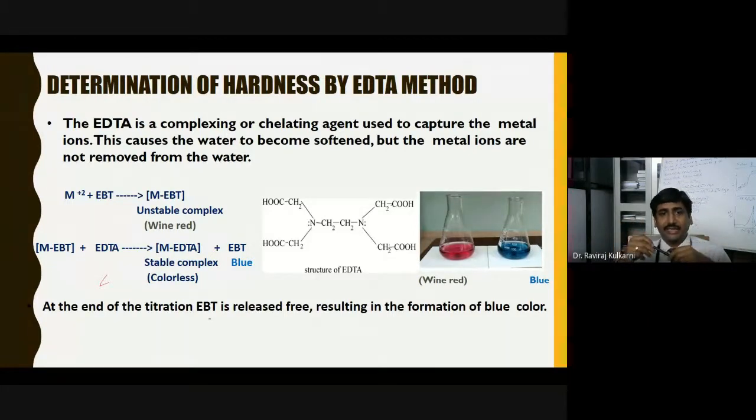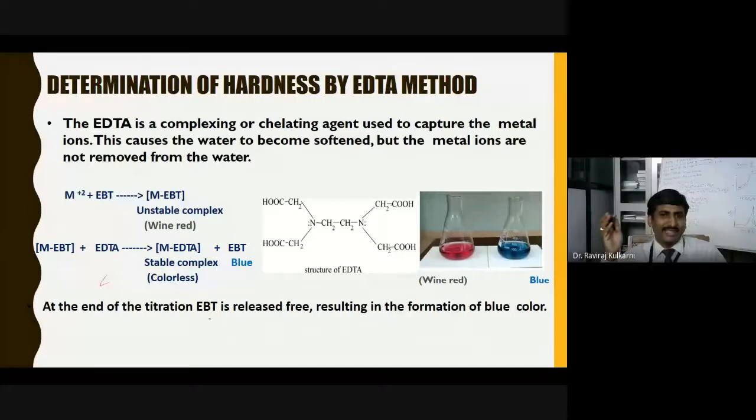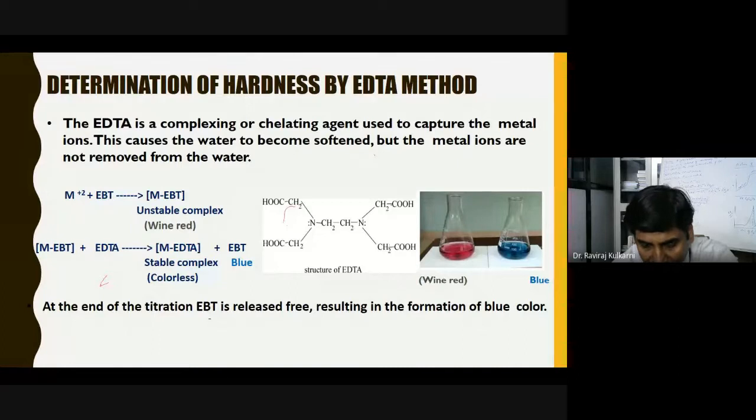EDTA means ethylenediaminetetraacetic acid. What is the long form of EDTA? Ethylene, CH2=CH2, ethene. Here that double bond is broken and one bond is formed with this, another bond with this.